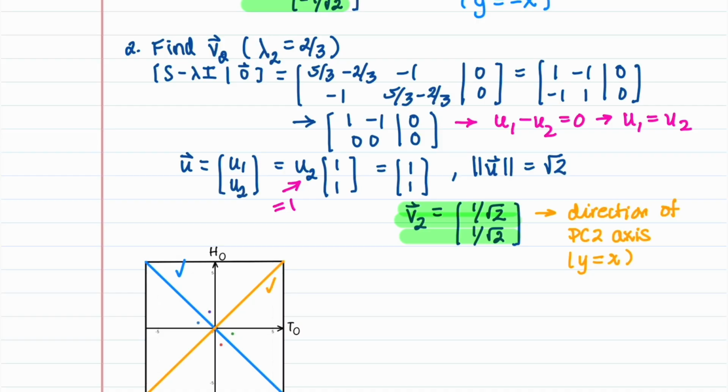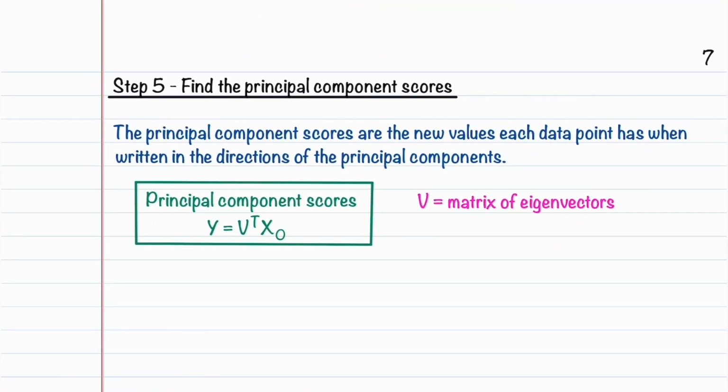In the next step, we are going to be computing the principal component scores, and to do that, we'll need a matrix that contains the eigenvectors. So I am going to create a matrix V, and I'm going to let it be equal to our eigenvectors V1, V2. And we'll need that here in a second. We can now complete the last step, finding the principal component scores.